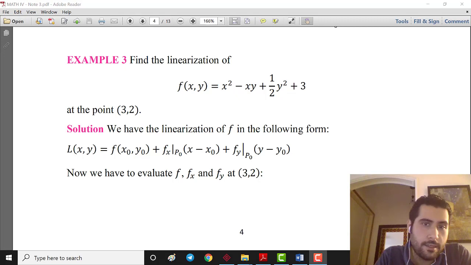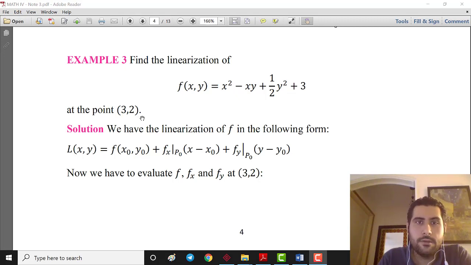Now, let us continue with our discussion. In the previous week, at the end of the lecture, we solved example 3 of note 3 and we found out what is the linearization for the function f of x and y equal to this around point 3 and 2.